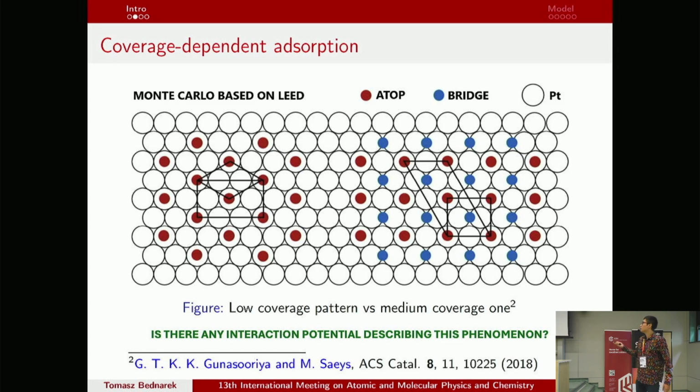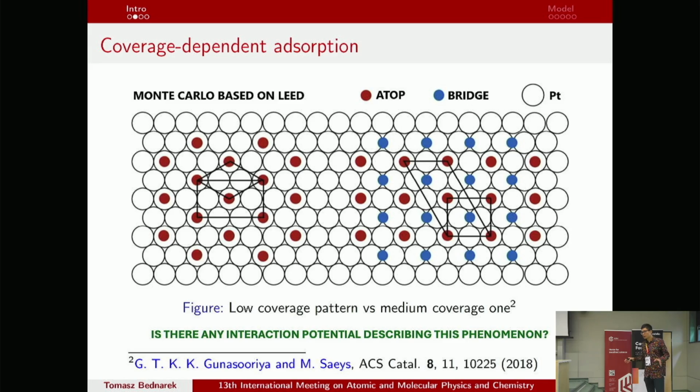As we can see here, those are Monte Carlo patterns of the most energetically stable structures in agreement with experiment, in particular diffraction patterns from lead. And we can see that indeed, if we have the low coverage pattern, the result from DFT works. The COs are attached on the A-top positions here.